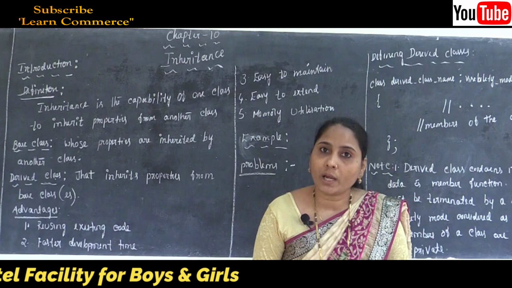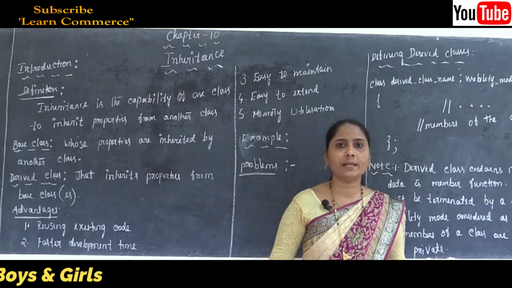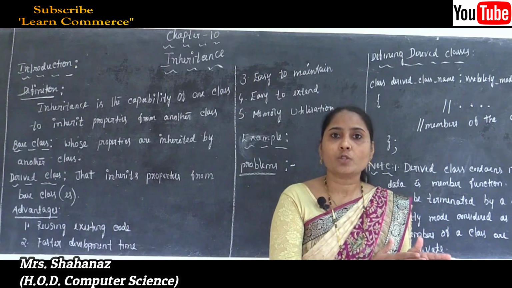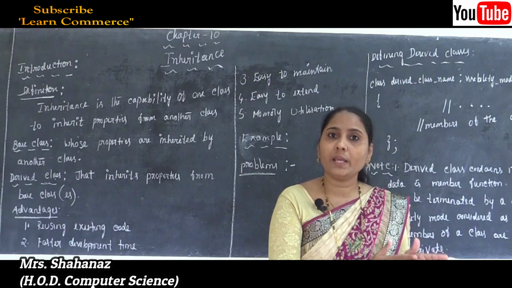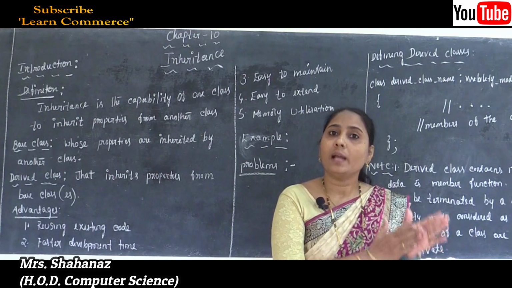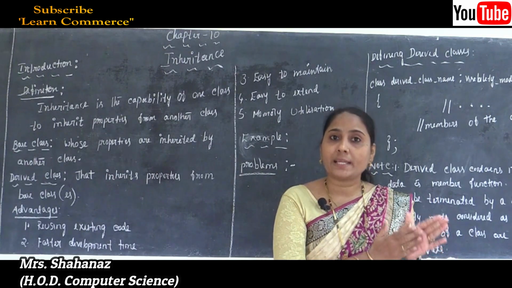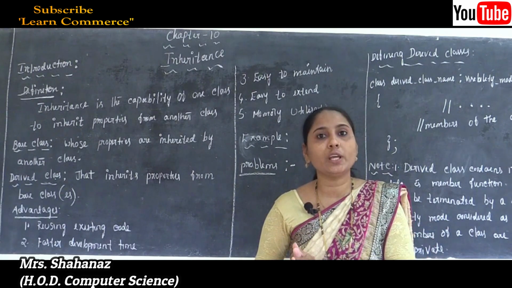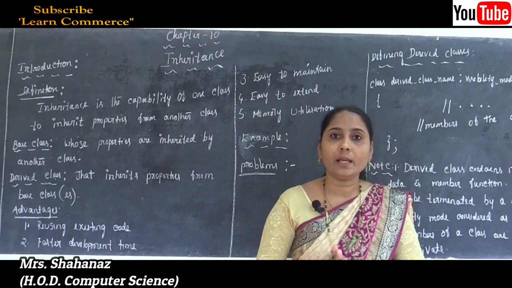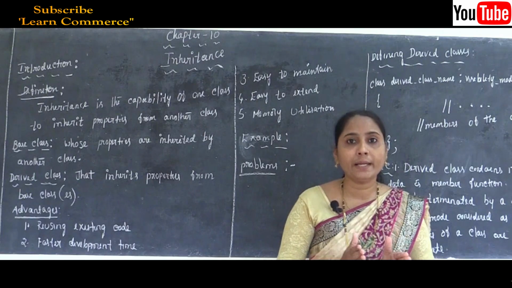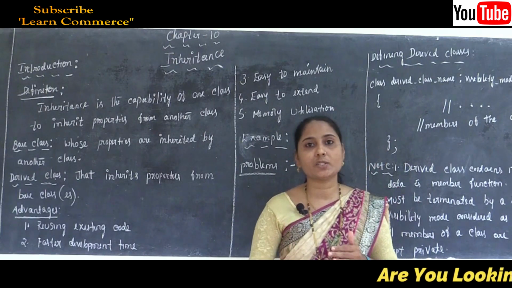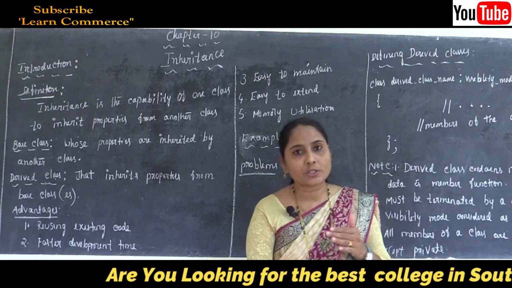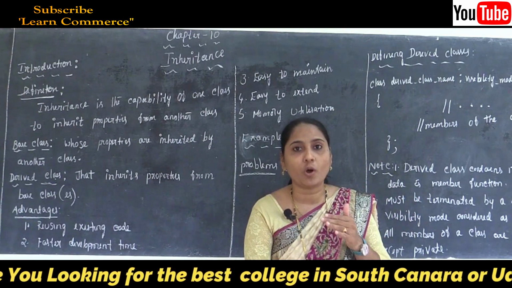What are the features? I already said one class is constructed by using an old class. While constructing from the existing class, such existing class shares some of its properties with the derived class, the new class. So the derived class inherits features or properties of the base class, and the derived class can also have additional features of its own.